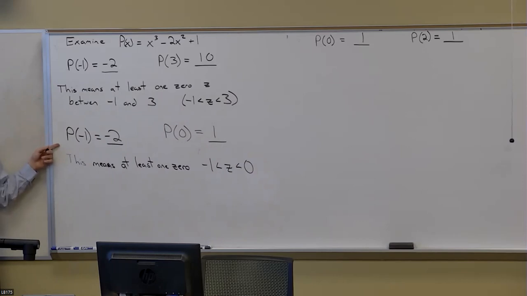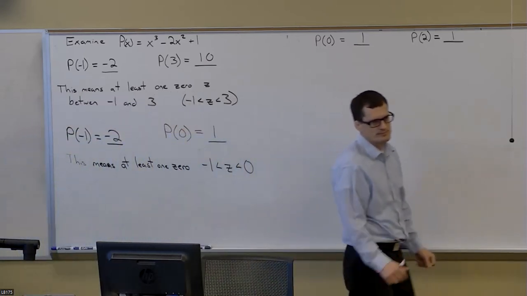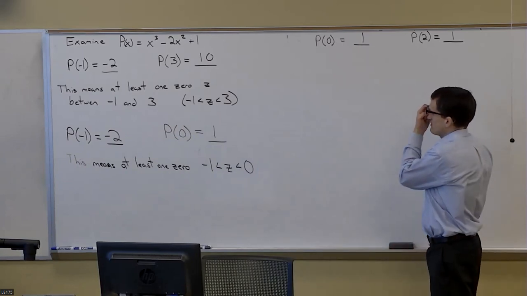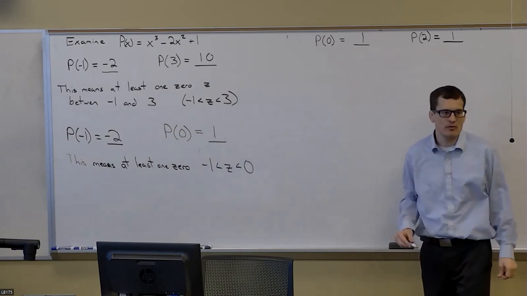So when you plug in -1 and then you plug in 0, that means there has to be at least 1 zero, or maybe it's easier to think of this as x-intercepts, at least 1 x-intercept whose x value is between -1 and 0. In other words, at least 1 zero between -1 and 0. Now, if you plug in 0 and plug in 2, you get a 1.